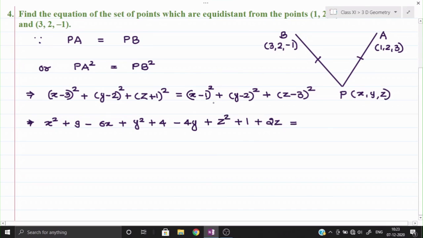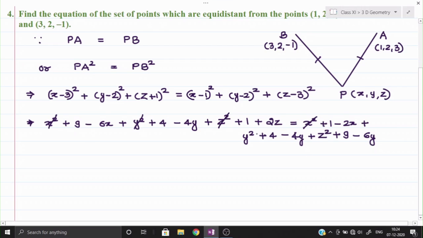Again (x minus 1) whole square is x square plus 1 minus 2x, plus (y minus 2) whole square, that will be y square plus 4 minus 4y, and the last one is z square plus 9 minus 6z. So one thing is very clear, x square, y square and z square got cancelled from these terms.